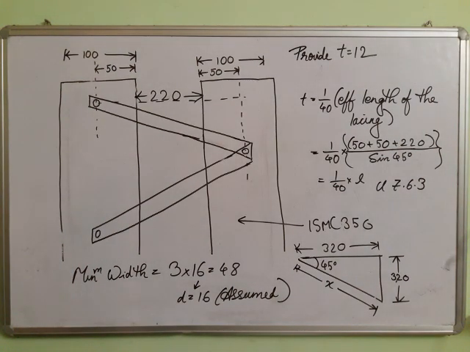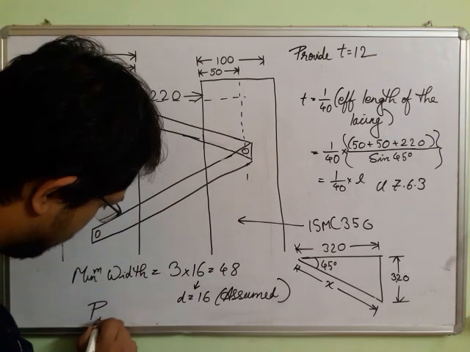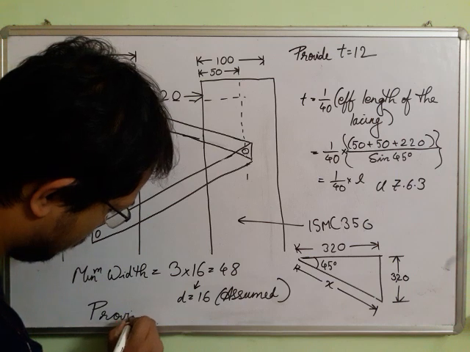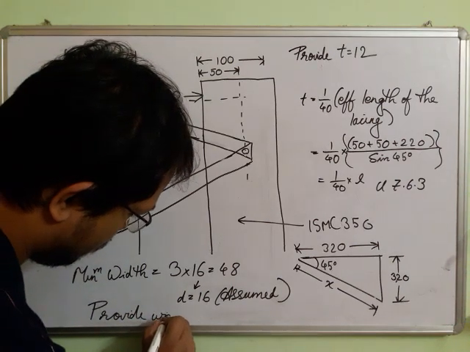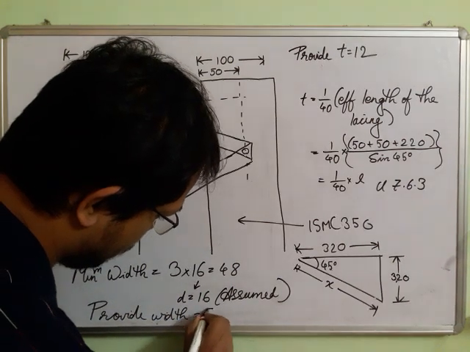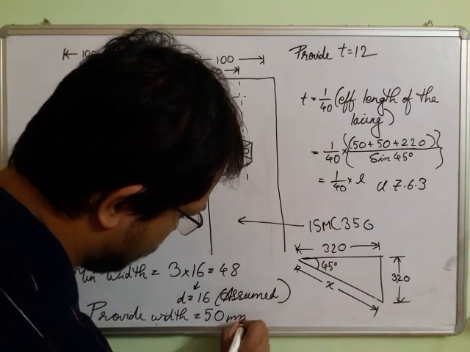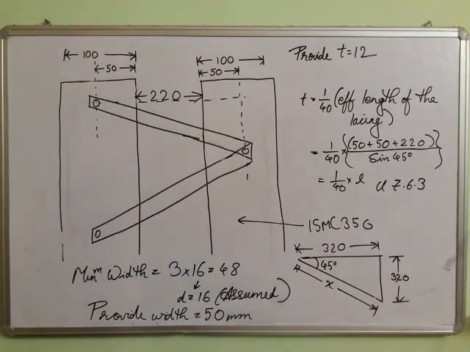So minimum width of the lacing should be 3 times the diameter of the bolt. So it is 48. So we can provide 50. So we have provided width equal to 50. So we have got thickness equal to 12 and width equal to 50.